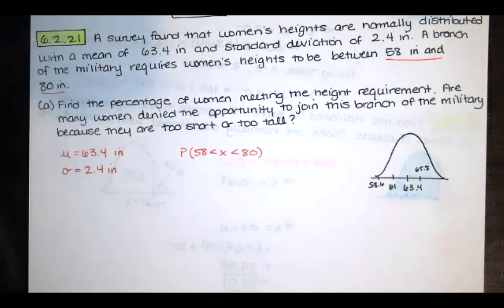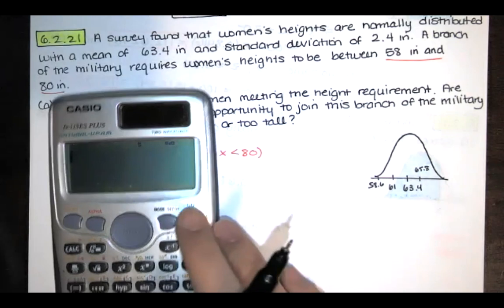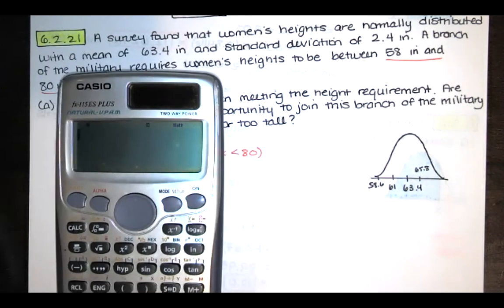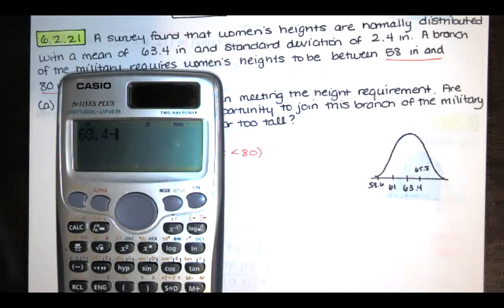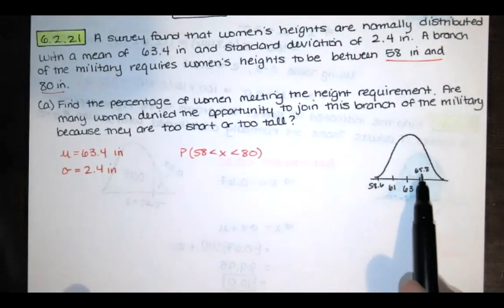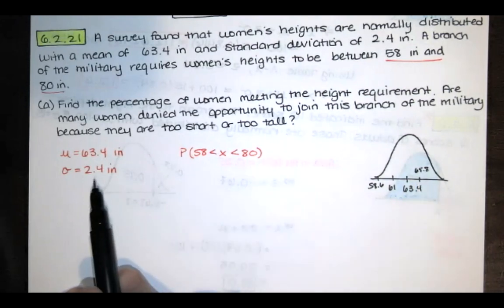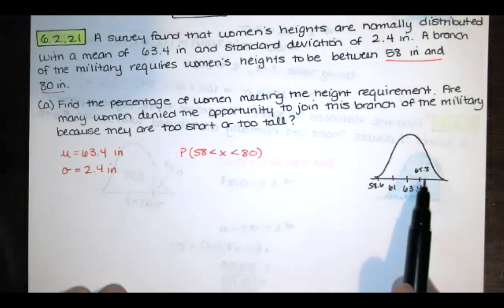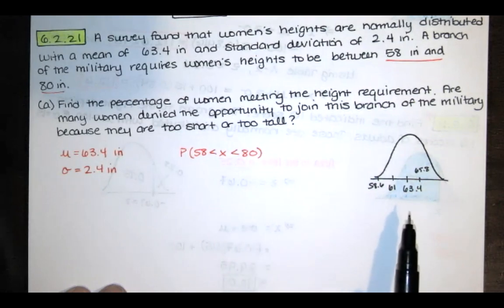It's about dinner time, so I don't trust my arithmetic skills at this point in the day. I'm subtracting 2.4 twice. Yeah, 58.6. Okay, and then we've got 65.8. That's one standard deviation above the mean. And then we add this 2.4. That's going to get us to 68.2.